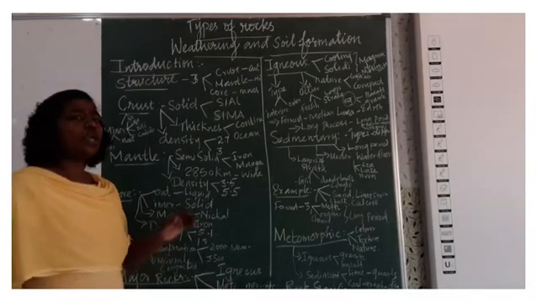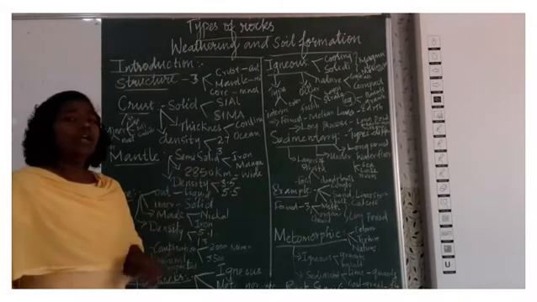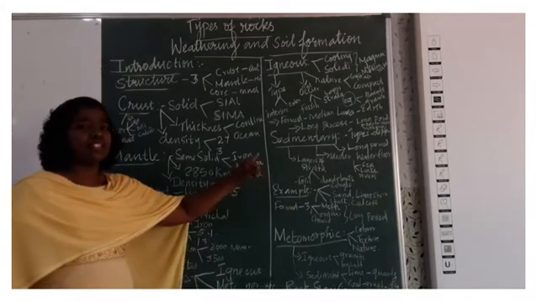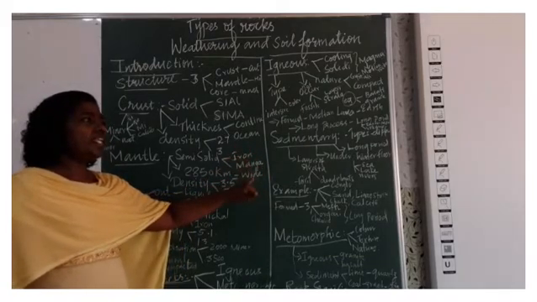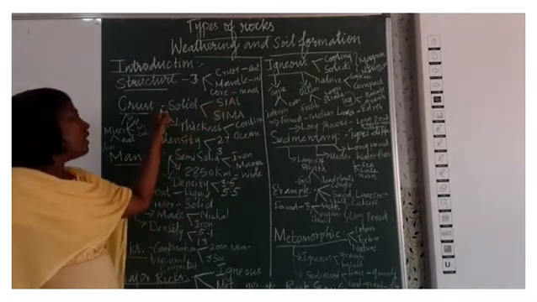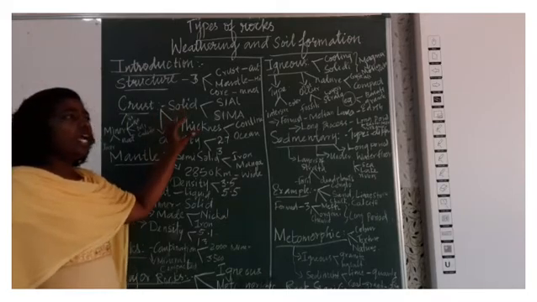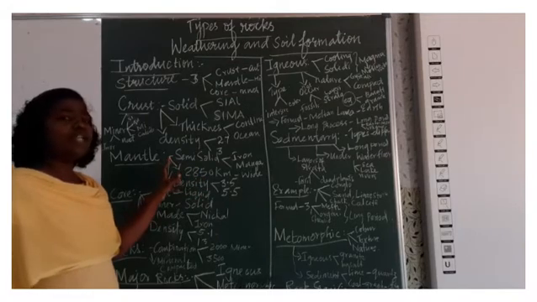I already told you the nature of the mantle is semi-solid. The mantle consists of iron and magnesium, because below the inner crust, as a continuation of it, the outer layer of the mantle will be there.